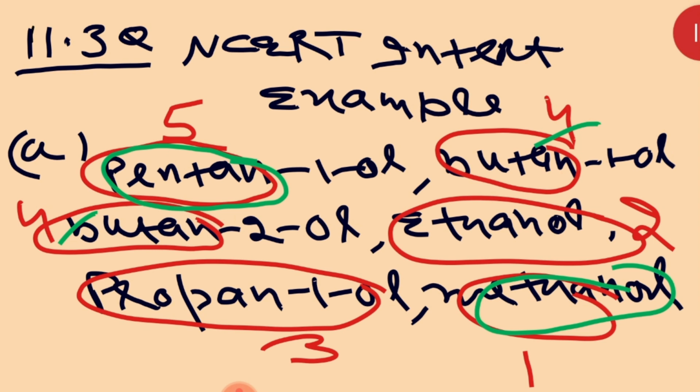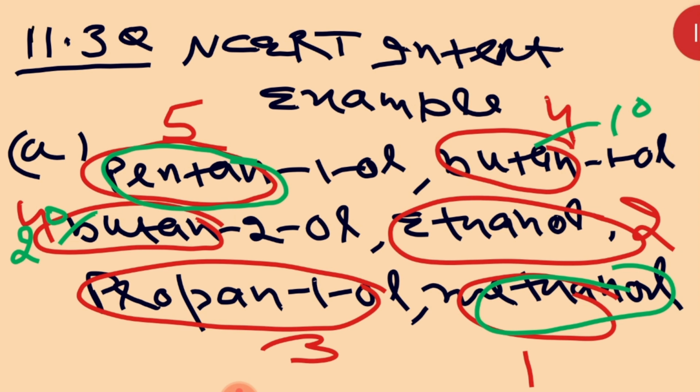Why? Because butan-1-ol is primary and this is secondary. Among primary, secondary and tertiary alcohols, primary alcohol has the higher boiling point, because in primary alcohol branching is less, and in secondary alcohol branching is more. As branching increases, surface area decreases.